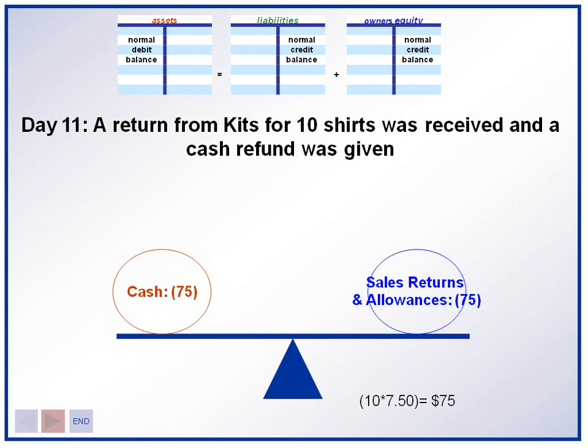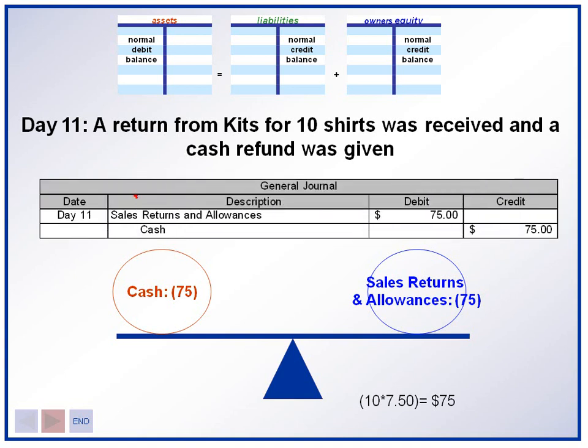As you remember, a contra owner's equity account has a normal debit balance. To record this transaction, we record sales returns and allowances as a debit to increase this amount, and we record cash as a credit to decrease this amount.